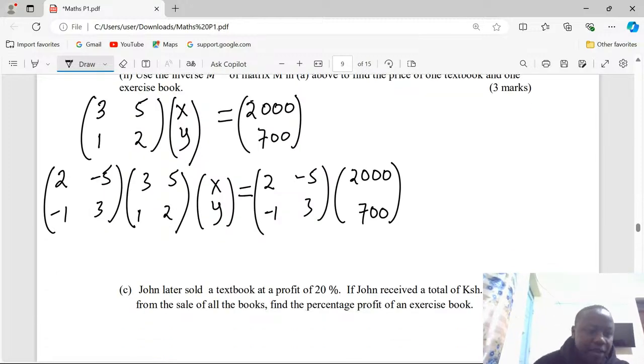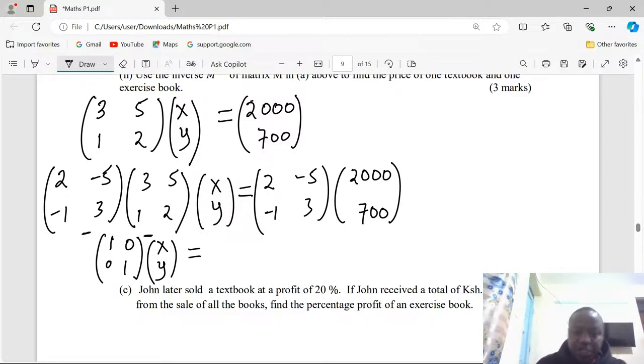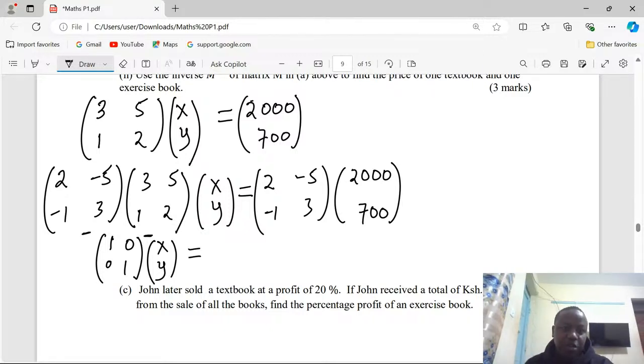It's good for you to know that the general knowledge of matrices helps us to know that a matrix multiplied by its own inverse gives us the identity matrix. So you don't even need to carry out the multiplication. You just imply that a matrix multiplied by its own inverse becomes the identity matrix. Then we have xy. This is equivalent to, now we can perform multiplication on the other side, whereby we multiply row times column.